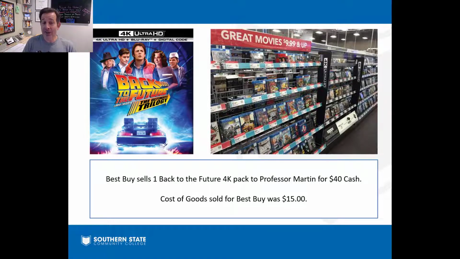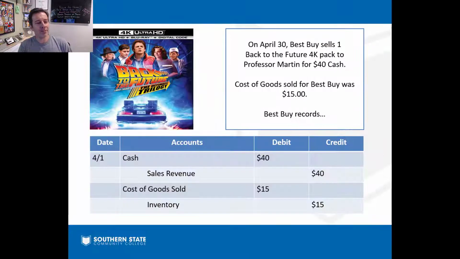And that the cost of goods sold to Best Buy was $15. They sold it for $40. They paid $15 for it. Okay? So we know how to make that journal entry. We talked about that in Solid Footing. On April 30th, Best Buy sells one Back to the Future 4K pack to me for $40 in cash. Their cost of goods sold was $15.